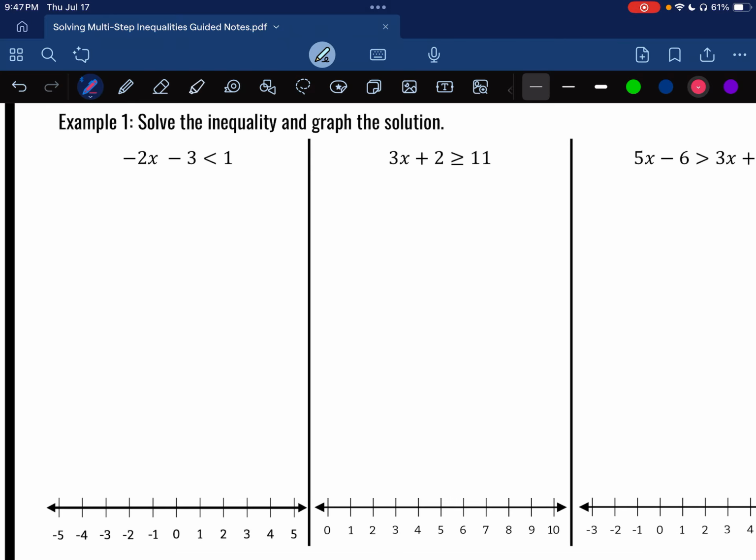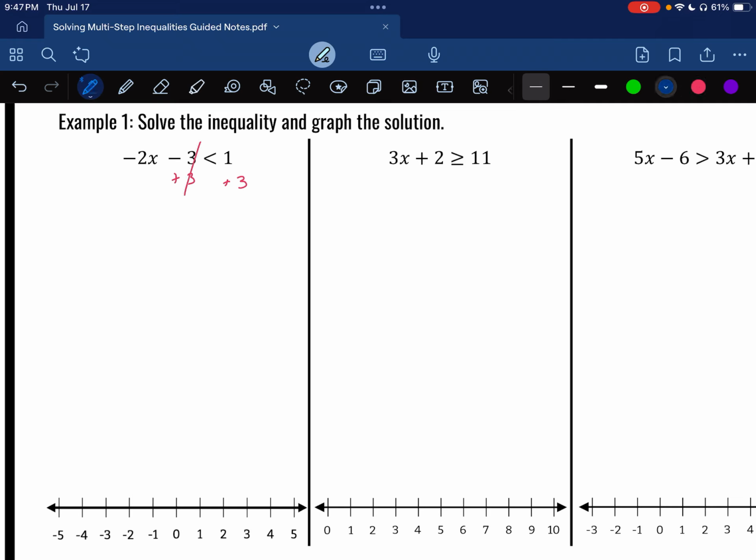We always start by working from the outside in towards the variable. We have to go through that reverse order of operations, right? Get rid of any addition or subtraction before we can do the multiplication and division. So I'm going to add 3 to both sides here.